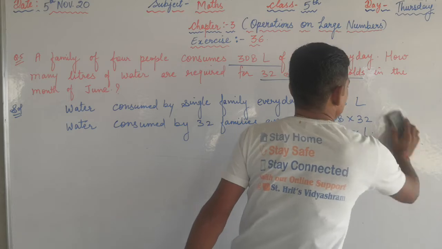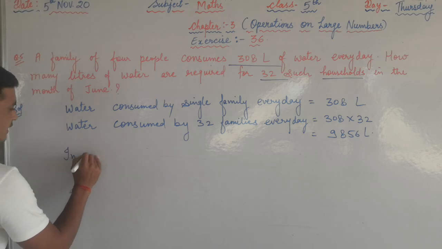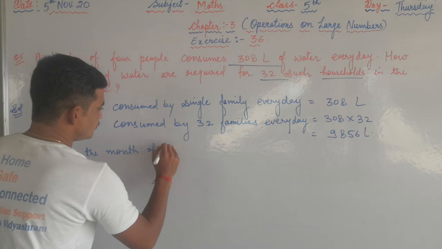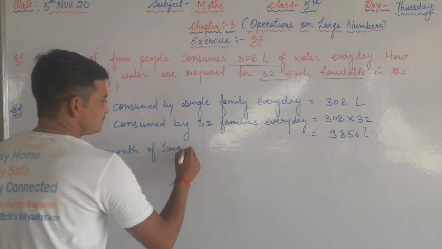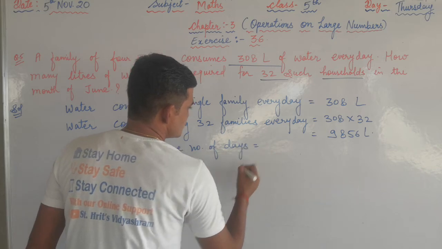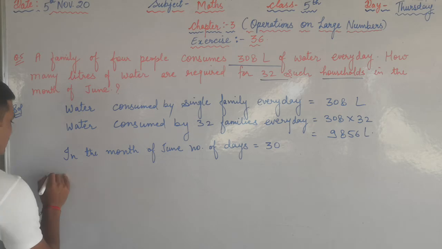Okay. So in the month of June, number of days equals 30.